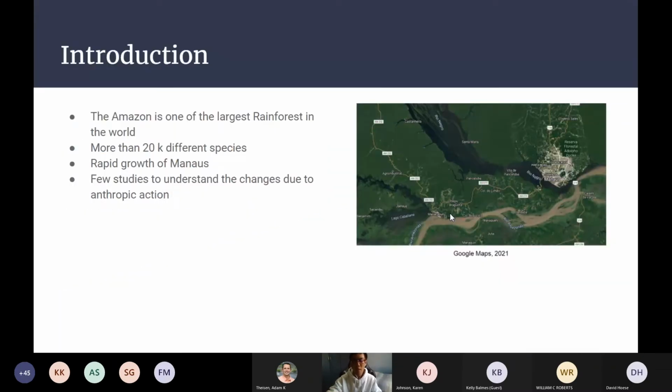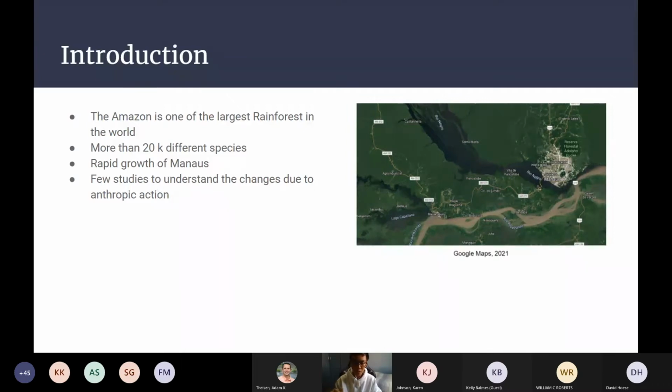We decided to develop this work because we are from Brazil, and the Amazon rainforest is one of the largest in the world, and it hosts more than 2,000 different species, and it represents a relevant portion of the world's biodiversity.